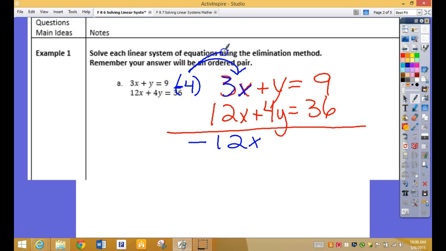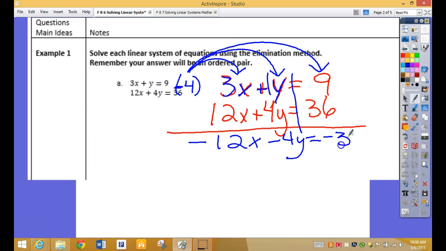So a negative 4 times a plus 1y is what? A negative 4y. And that equals, a lot of people will forget to multiply the constant. You can't forget that constant. What's a negative 4 times a positive 9? Negative 36. Good, a negative 36.